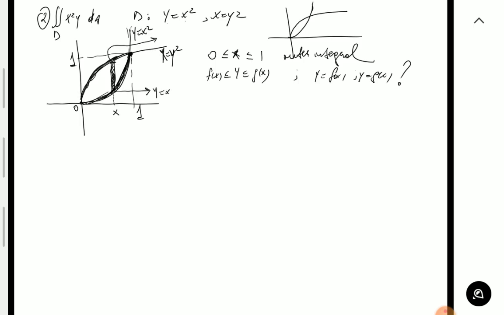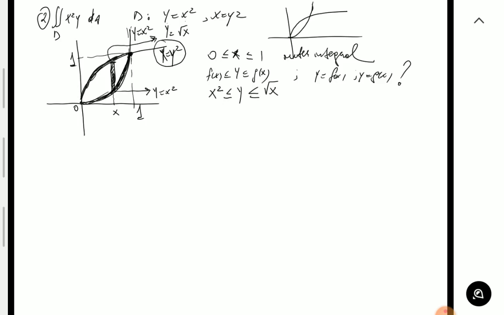It is already a function of x, so the lower bound for y is x squared. On the other hand, the upper bound comes from the horizontal parabola. You need to get y in terms of x, so y is going to be square root of x. So the upper bound for y is square root of x.